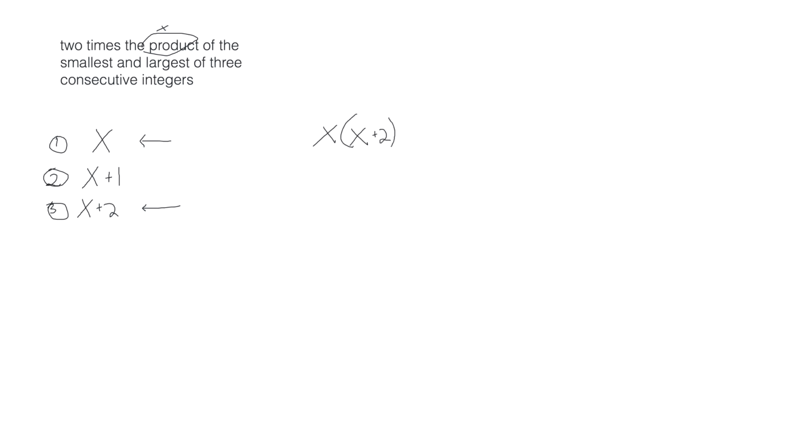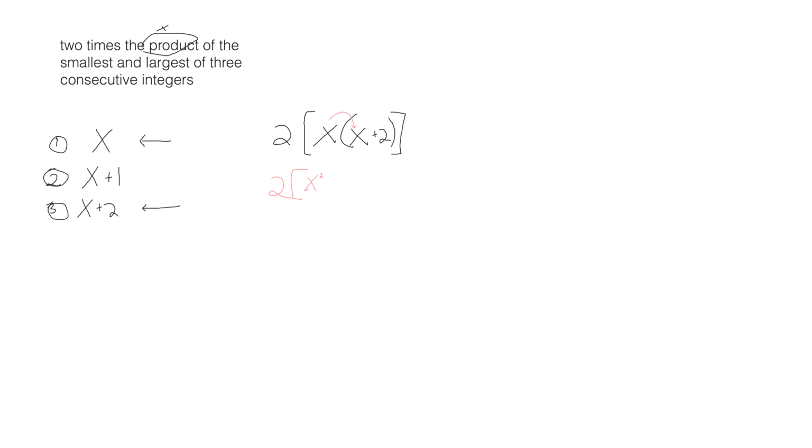And they want 2 times that. So we do what's in the brackets first. I'm just going to rewrite it. x times x is x squared.